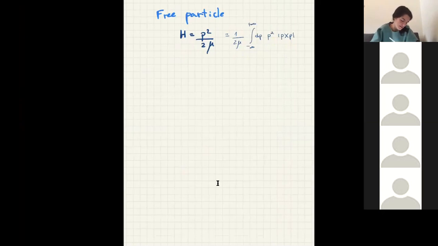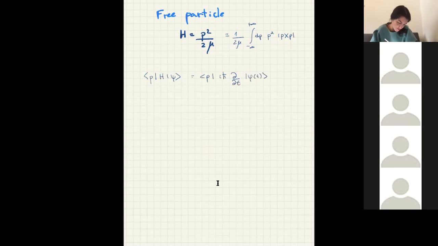So we can see what happens, for example, when you apply p to the Hamiltonian acting on the wave function. I just take the Schrodinger equation, i h bar d/dt of psi, right?